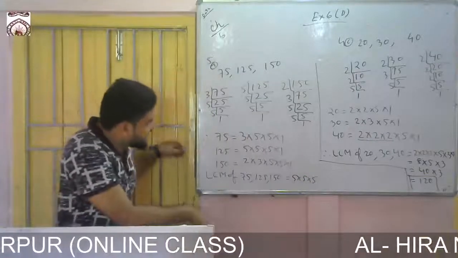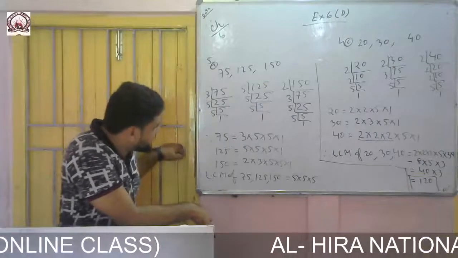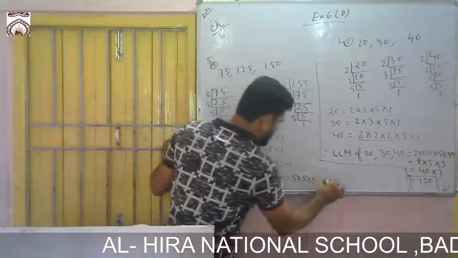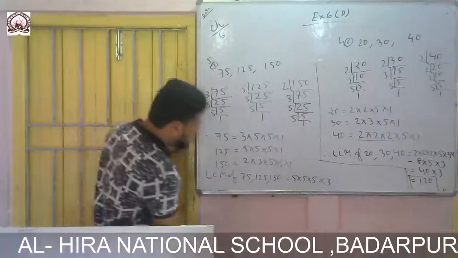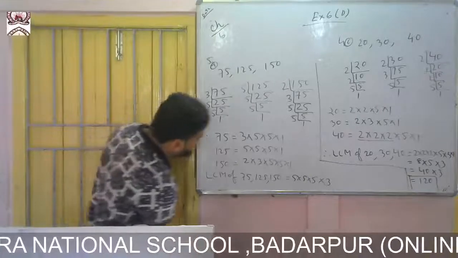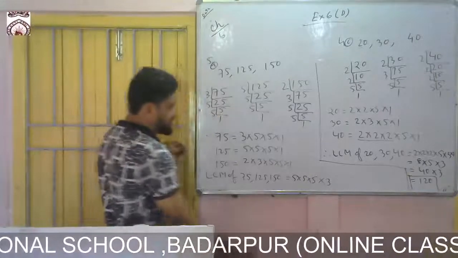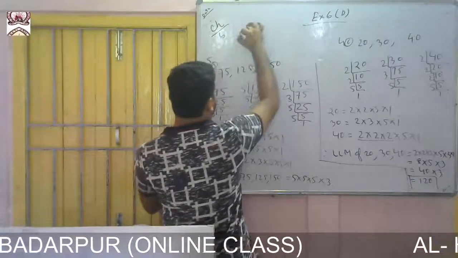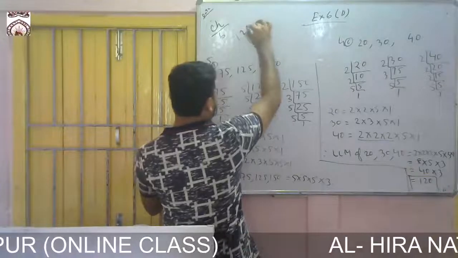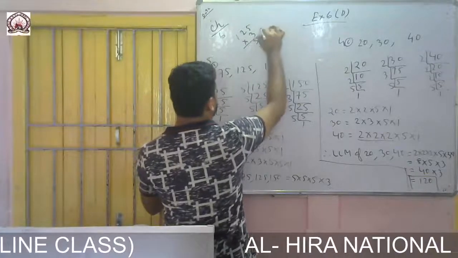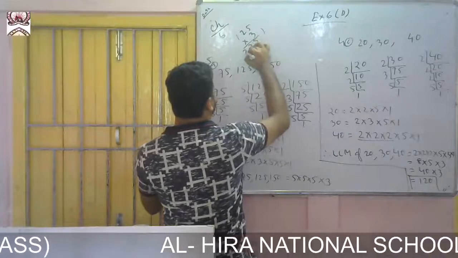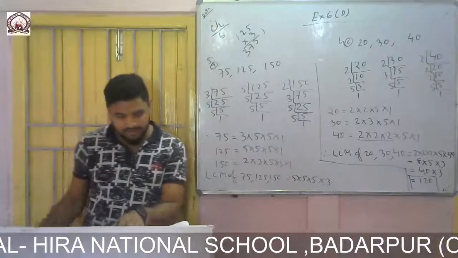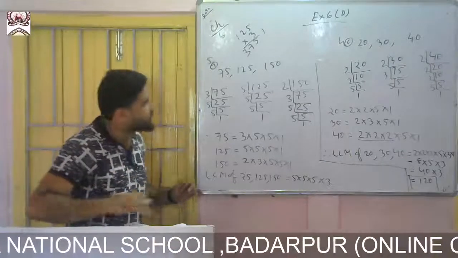Then 3 is repeating in each case 1 time, so into 3. Let me multiply: 5 5s are 25, 125, 125 into 3 is 375.